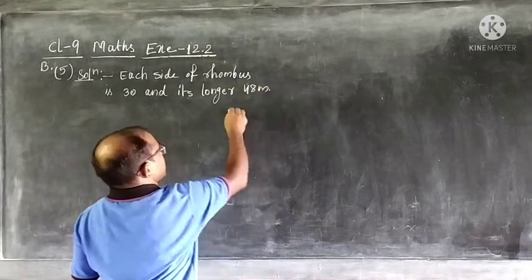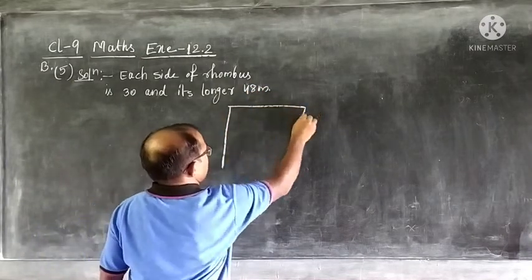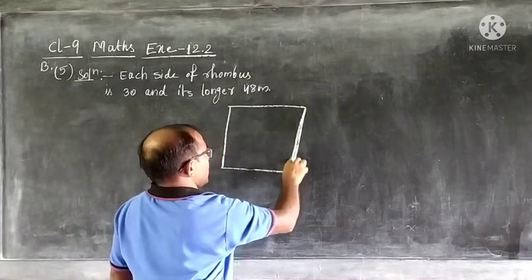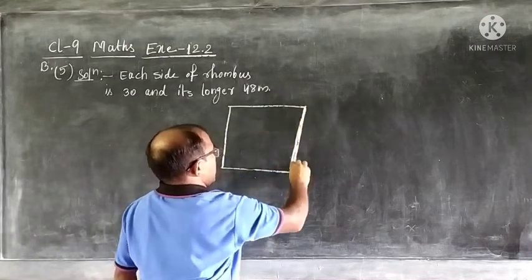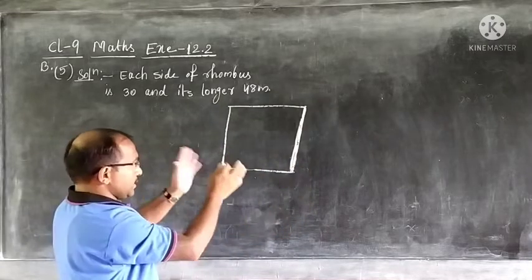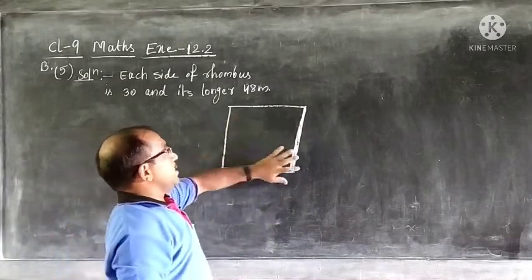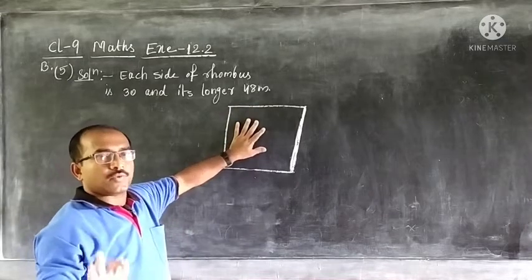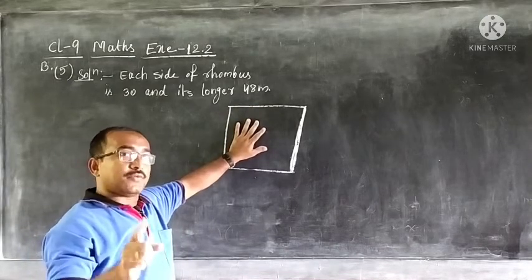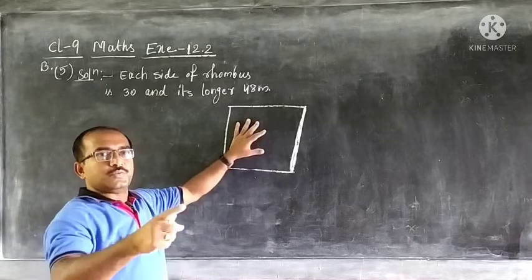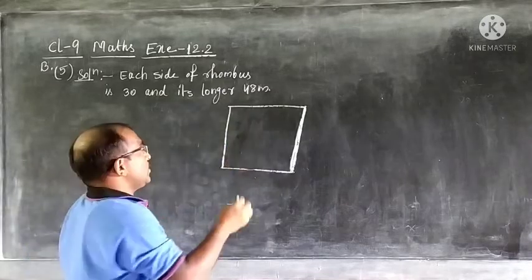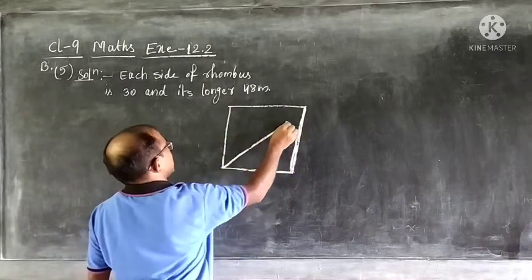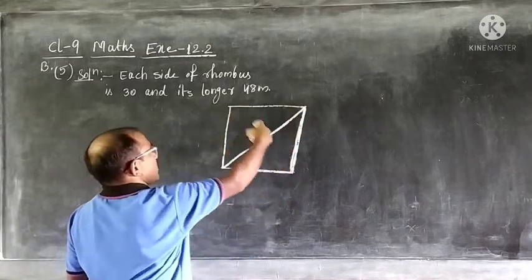So, let us see this diagram. It is a rhombus shaped field, and there is sufficient grass on this field for 18 cows to eat. The question asks how much grass area there will be for each cow, which we have to calculate. If this is the rhombus shaped field, let us consider this diagonal the longer diagonal and this one the shorter.